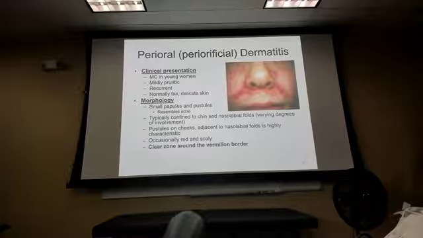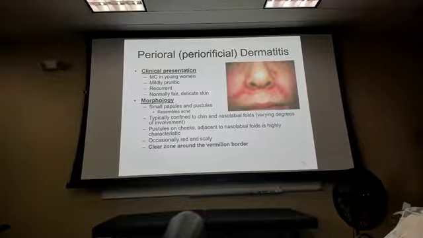Morphology-wise, you can have some of the papules and pustules, and that's why sometimes the differential diagnosis will be acne. Typically confined to the chin and nasolabial folds. Where is that at? Exactly where they have that in the picture.